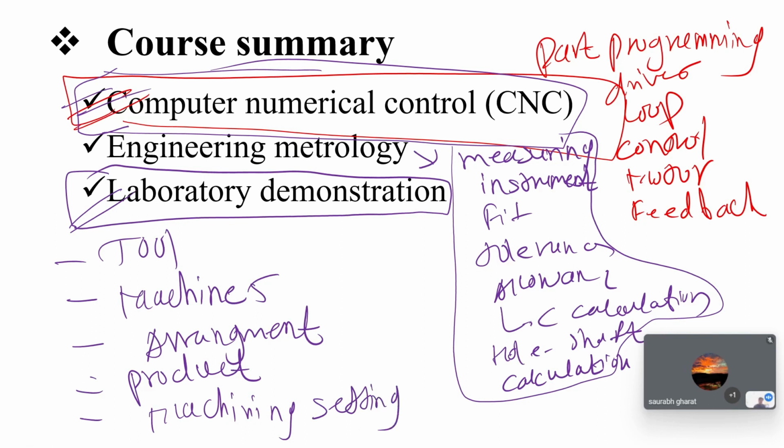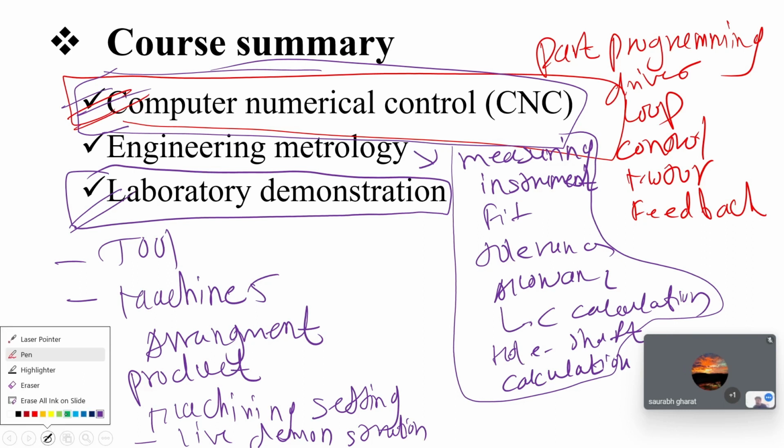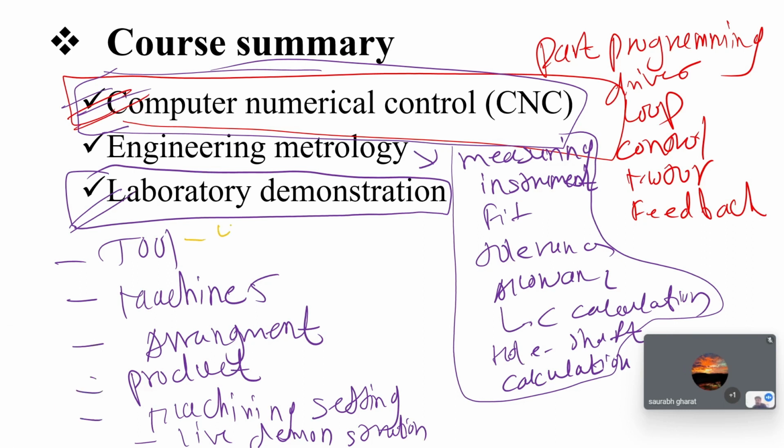So what things you should arrange: the arrangement, machining settings, and live demonstration. You must consider the tools that you have there. What is the use of that tool? Use means accuracy, and how it actually looks and functions.